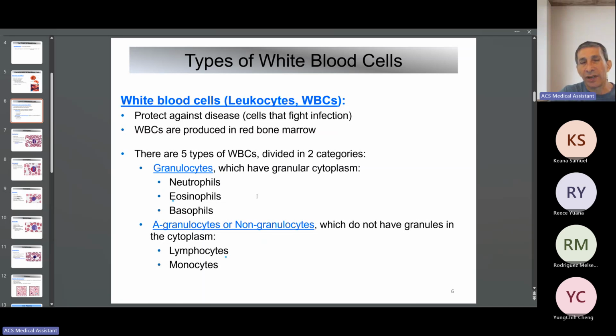Even though this will not be asked in exams, granulocytes and agranulocytes, sometimes the types of white blood cells will be asked, particularly neutrophils and lymphocytes. They're very common because they are the ones that cause bacterial and viral infections.